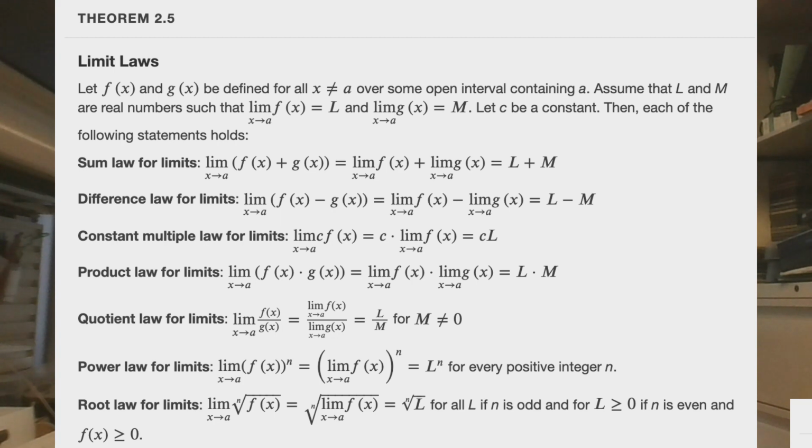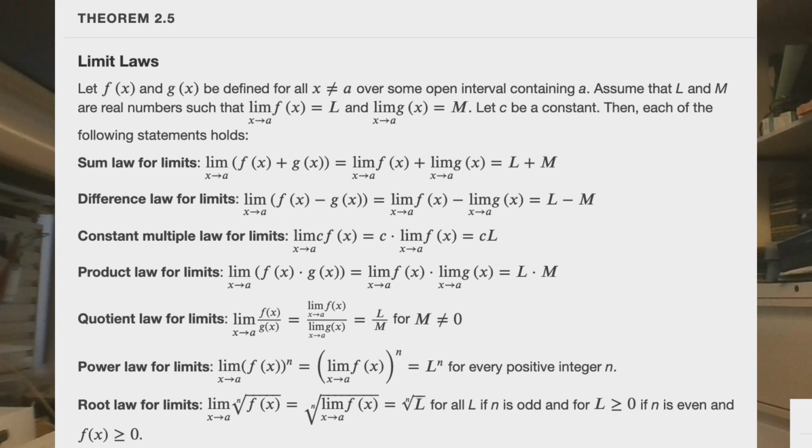That is to say that the limit of a product or a quotient is the product or the quotient of the limits. And of course the quotient, we just want to make sure that the limit in the denominator does not go to 0. We have the power law and the root law as well.